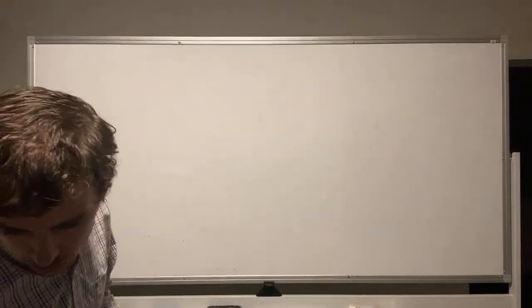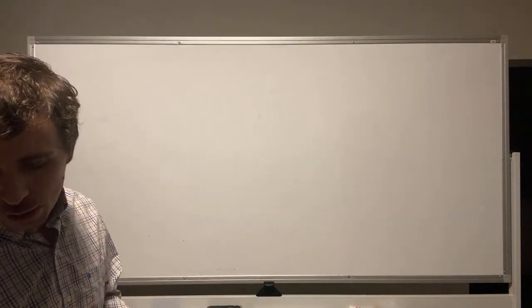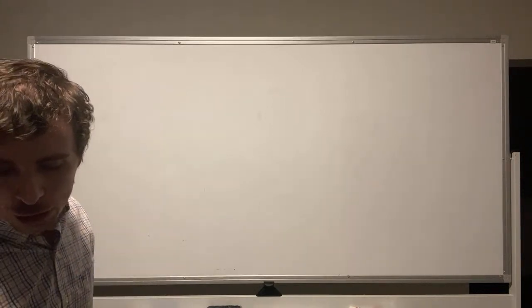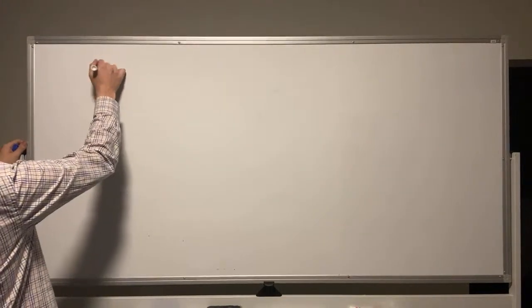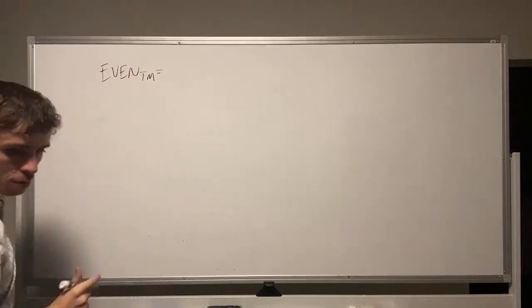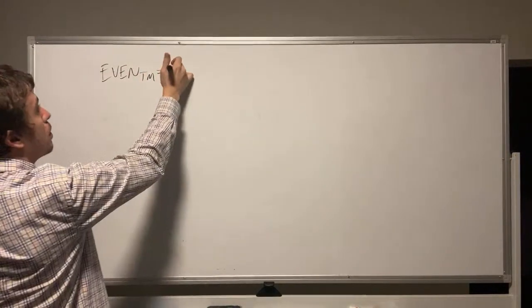So let's see. So you're asking about even Turing machine. Given a Turing machine M, does there exist a string W of even length such that M accepts W? So we can say even Turing machine. So are you given the Turing machine? Yeah, so you're given the Turing machine.